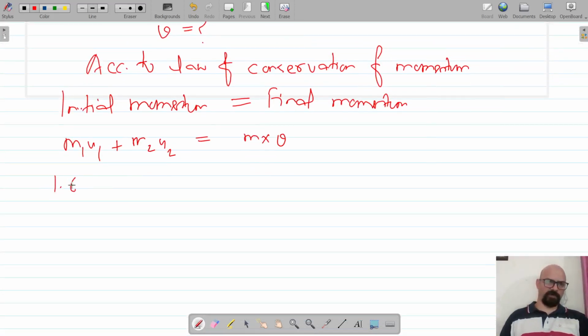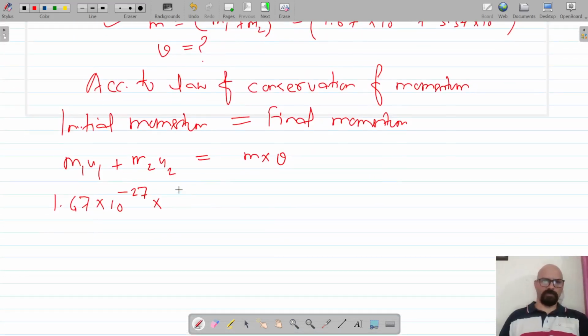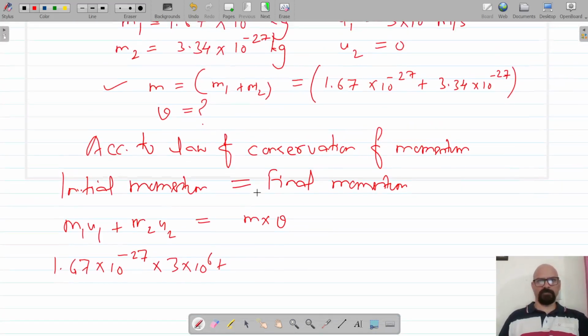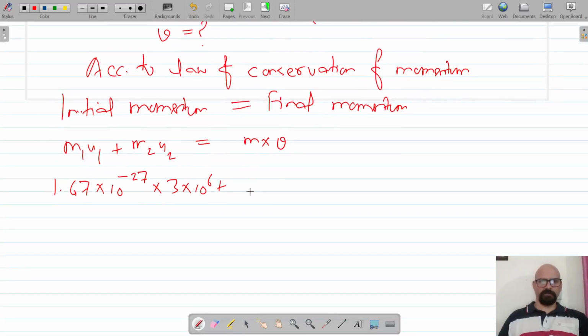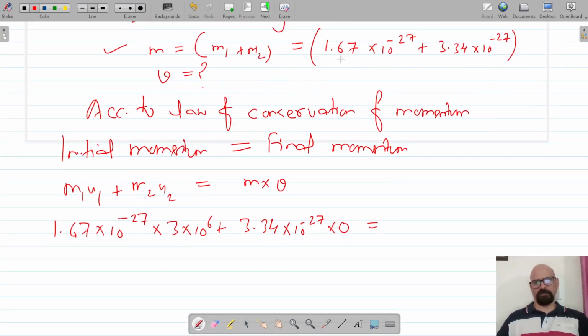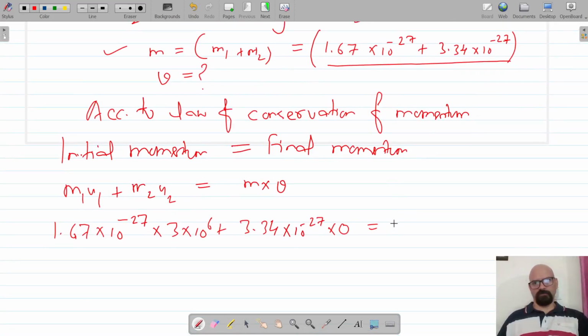m1 is 1.67 × 10^-27 into u1 is 3 × 10^6. m2 is 3.34 × 10^-27 into u2 is 0, and m is this, in which we can take 10^-27 common.